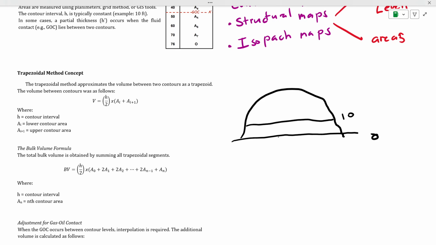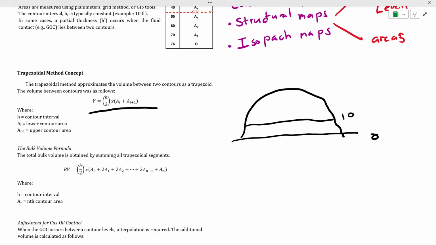Now, if we compute the volume of this first interval, we will be using this formula: volume equals h over 2, the contour interval thickness over 2, multiplied by the area of the lower contour plus the area of the upper contour.